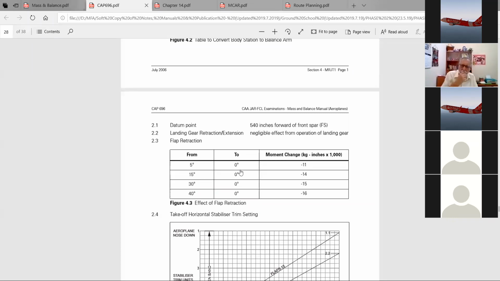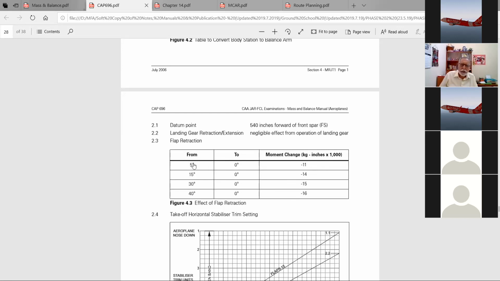Yes. There is always a change of center of gravity when the flaps are lowered or raised, undercarriage is lowered or raised, all those things. You will be calculating all that in your performance. Okay, but in our mass and balance, if we get a question, we refer to figure 4.3 and just calculate and give the answer.